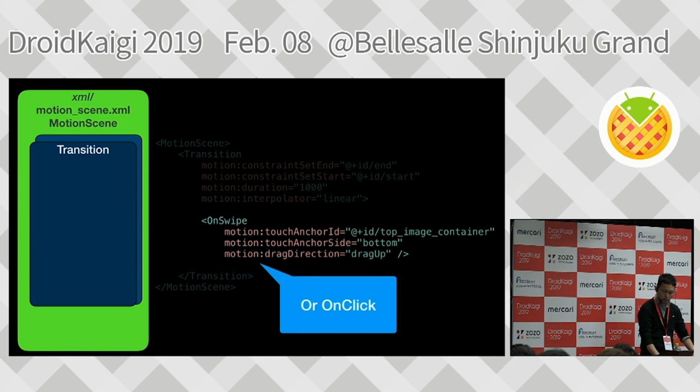Also, it can define how the transition is triggered. If you have an on-swipe entity, it means the swipe gesture of the user triggers the transition. Or you could have on-click alternatively, which means the user's click triggers the transition.